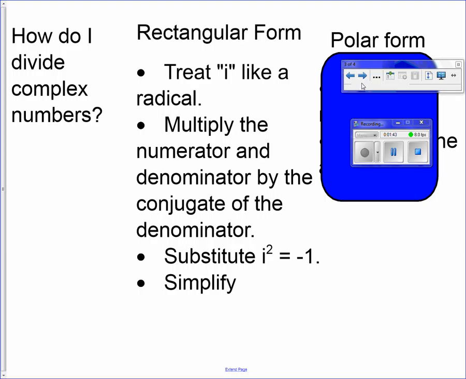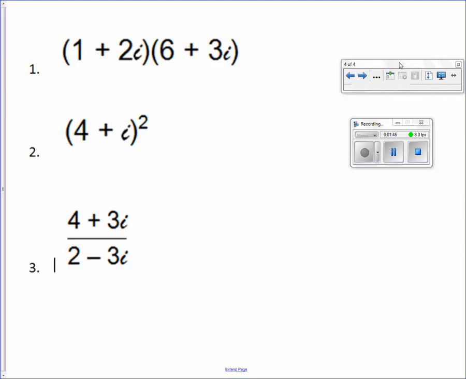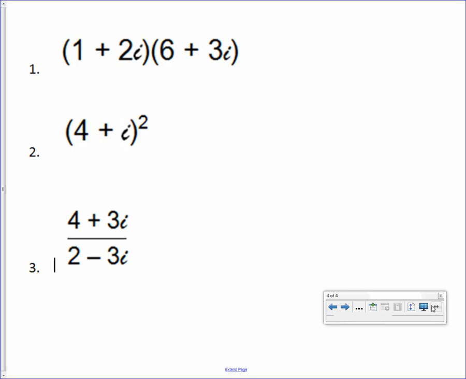So a few quick examples for you. Take a look at the first problem. We have 1 plus 2i times 6 plus 3i. So we're going to multiply these two numbers together. I'm going to use the box method, treating i like I would the variable x.